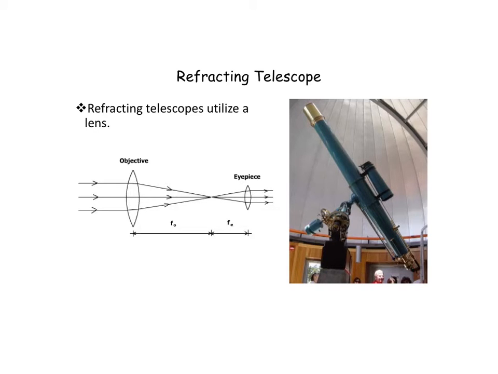So in this case, we would have a lens. So take a look at how this lens is shaped. So opposite from concave, which we would have in mirrors, this would be convex. So in this case, we have multiple paths of light passing through, and you would have them concentrated at a place beyond the lens, whereas with a reflector, it is in front of the mirror. So in this case, this would be your total focal length, so from the lens to your eye.